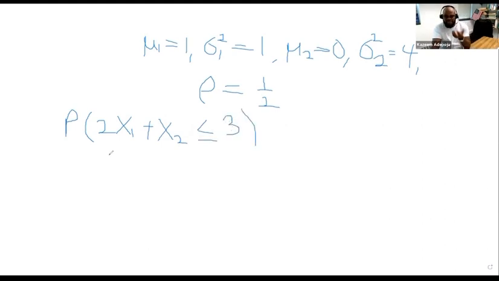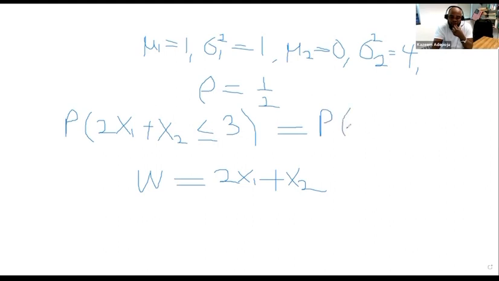If I want to find this, because I'm focusing on X1 and X2 and they are jointly distributed, I can actually let W be 2X1 plus X2. And if I want to rewrite that, what I want to do now is find the probability of W less than or equal to 3, because I've used W to denote that linear combination.